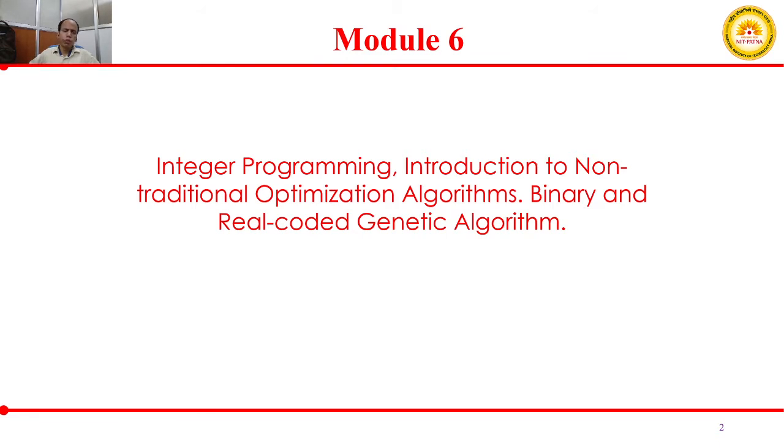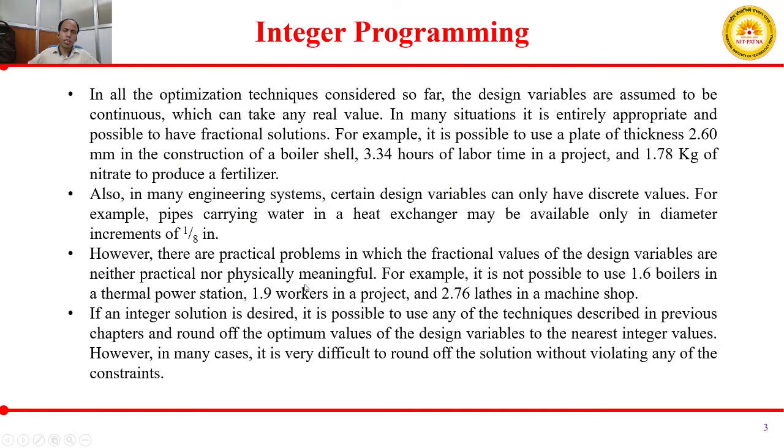So what is integer programming? In order to understand it, let us recall what we have understood in optimization techniques till now. In the optimization techniques we have discussed, your design variables can take any value.